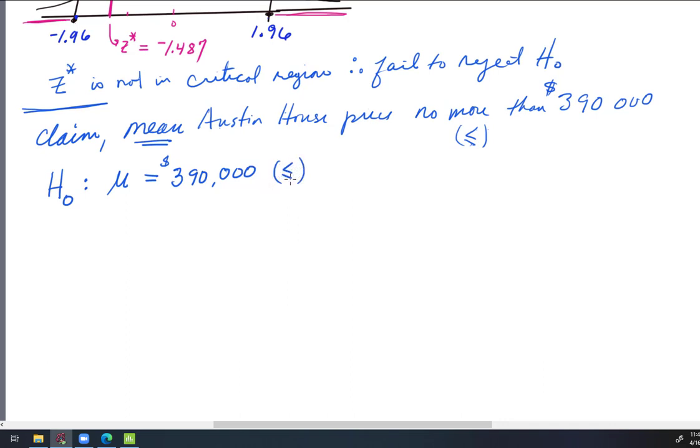And just to remind myself, I'm going to put a less than or equal to out here. And again, your author no longer does that, although he used to. Well, the alternate hypothesis is everything else, and so the alternate hypothesis would have to be mu is greater than 390,000. And as before, when we were testing a proportion, this greater than means that we're dealing with an upper tail test.